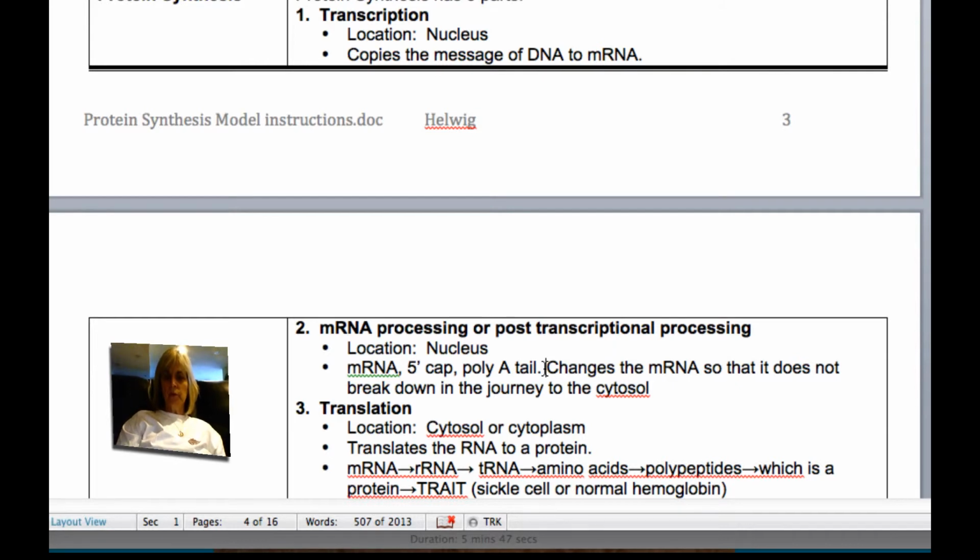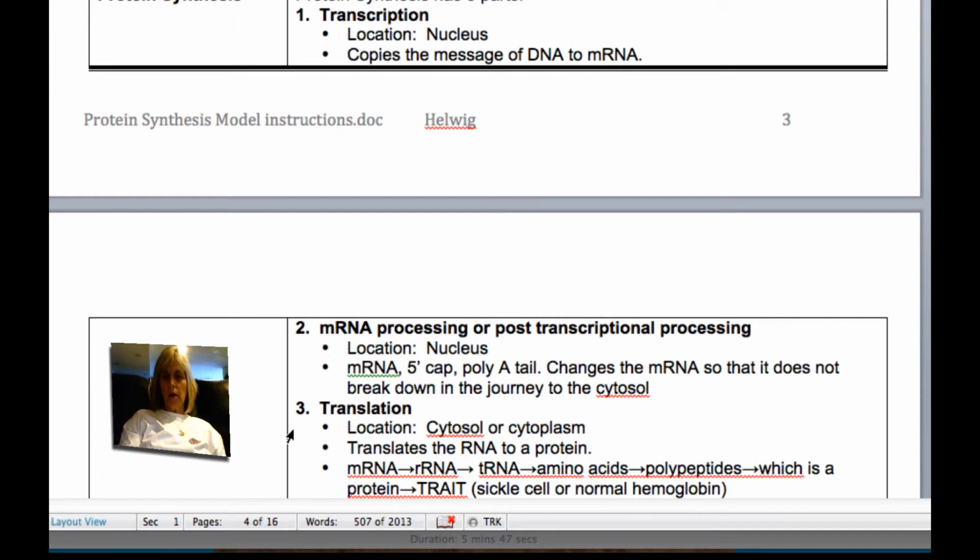The reason we put a 5' cap and a poly A tail on is that the journey from the nucleus to the cytosol has a lot of enzymes that can hurt messenger RNA by degradation, or breaking it down. So we put a cap and a tail on it to protect it.